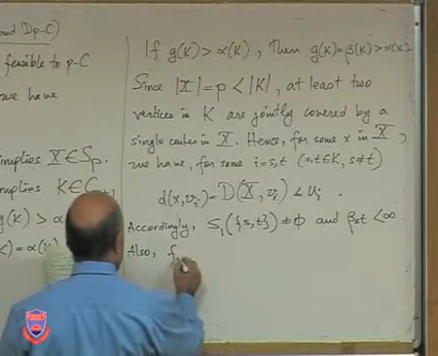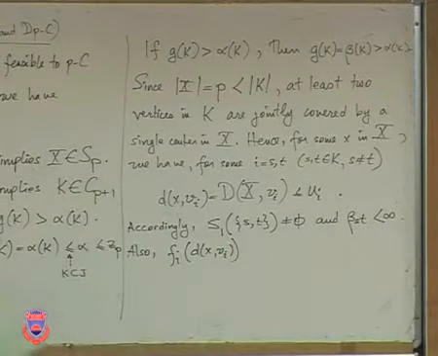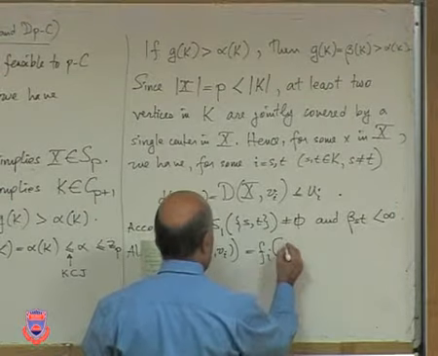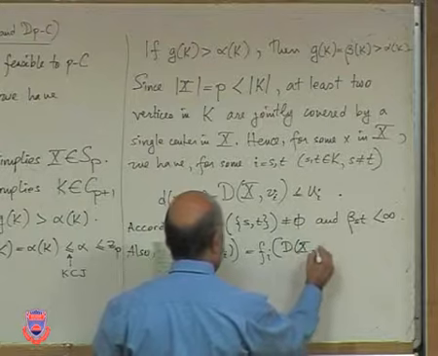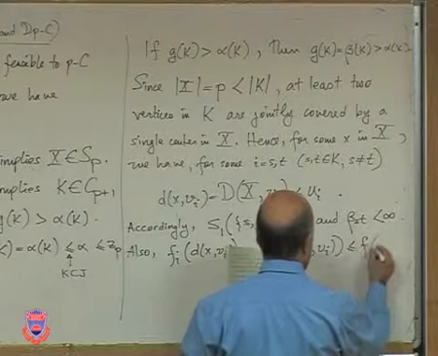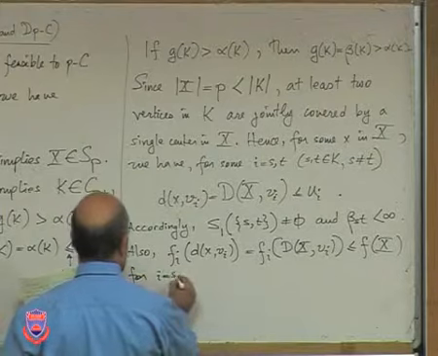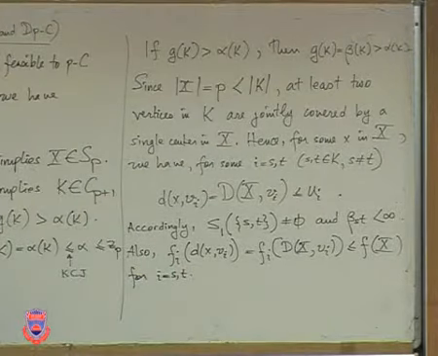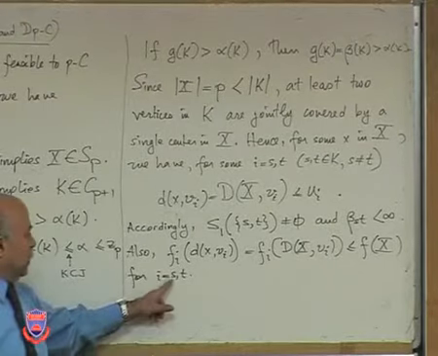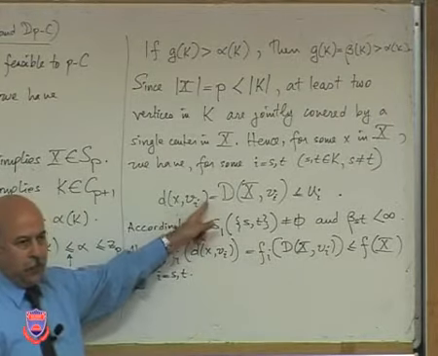Also, our loss function fi of d(x, vi) is the same as fi of capital D(X, vi), which we know is less than or equal to f of x. This inequality is true for I equals S and T. Now, when I equals S and T, the first equality is obvious because of the above equality.